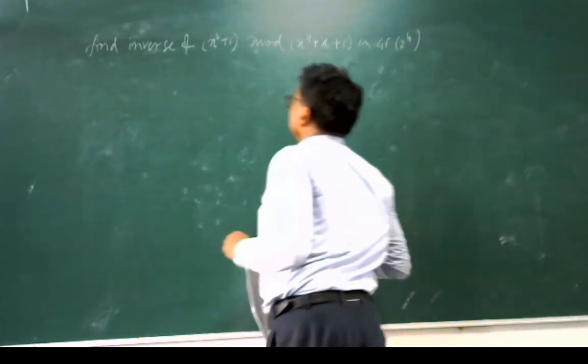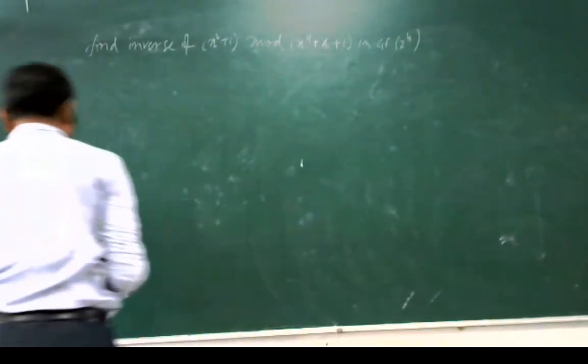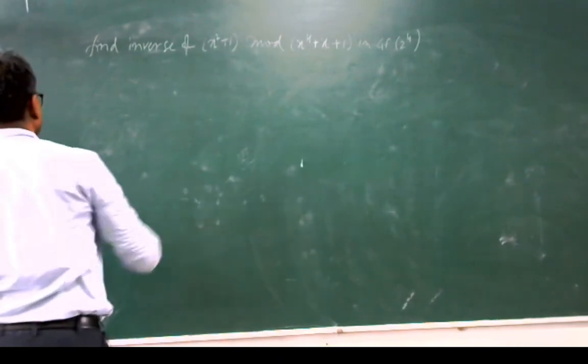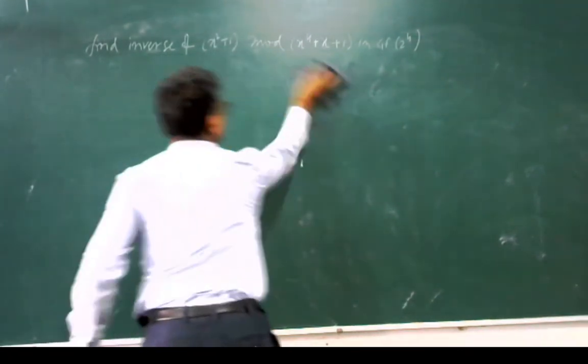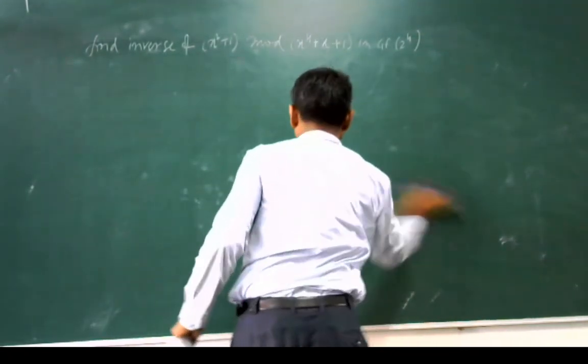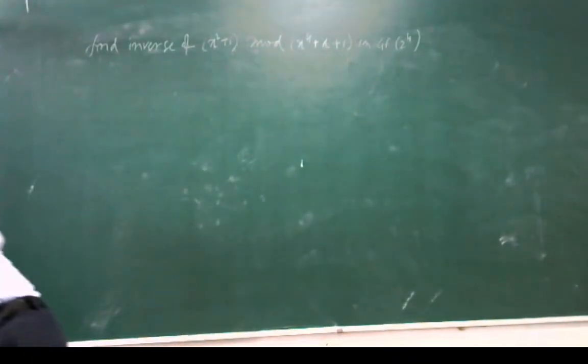You have to find out the multiplicative inverse of x square plus 1. So for that we will apply the extended Euclidean algorithm. How?